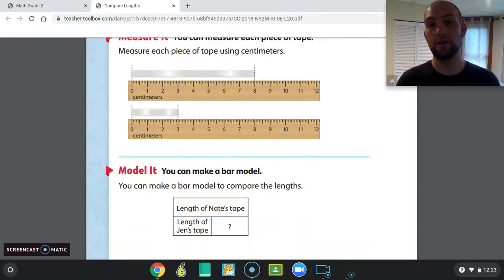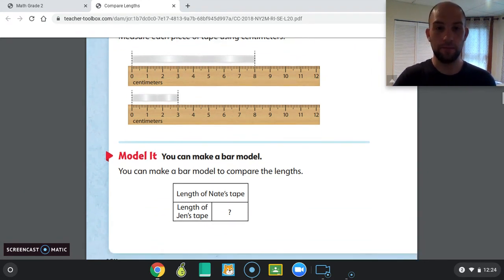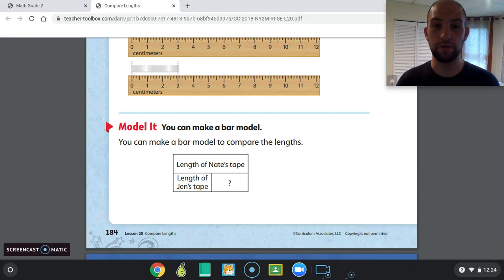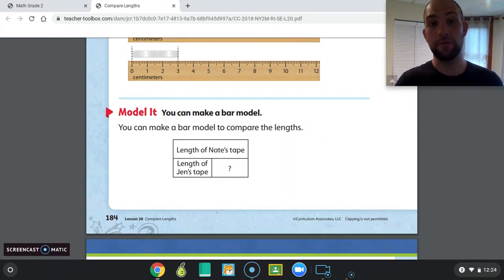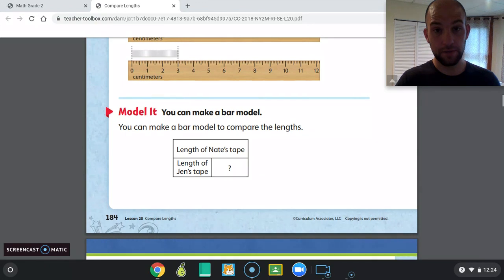One way that we could look at it is we can make what's called a bar model. And that looks like this right down here. We see the length of Nate's tape here, and then the length of Jen's tape. The difference is this area right here between the end of Jen's tape and the end of Nate's tape. So we can measure that area and we can find the difference.